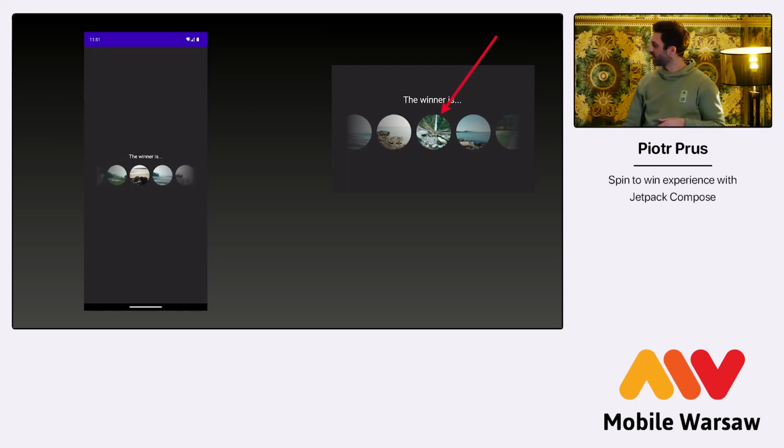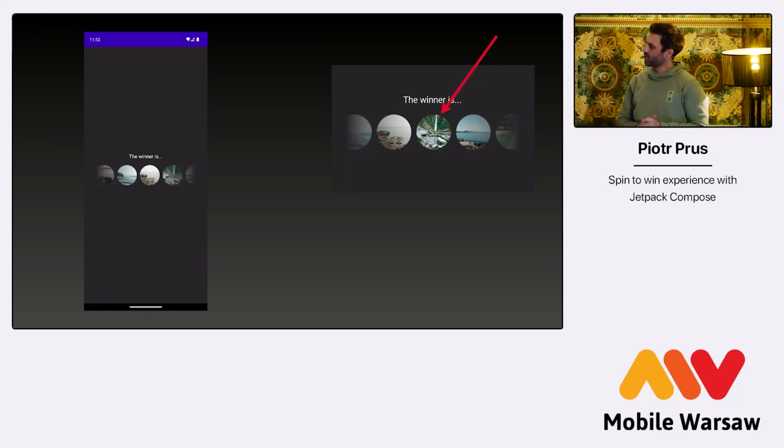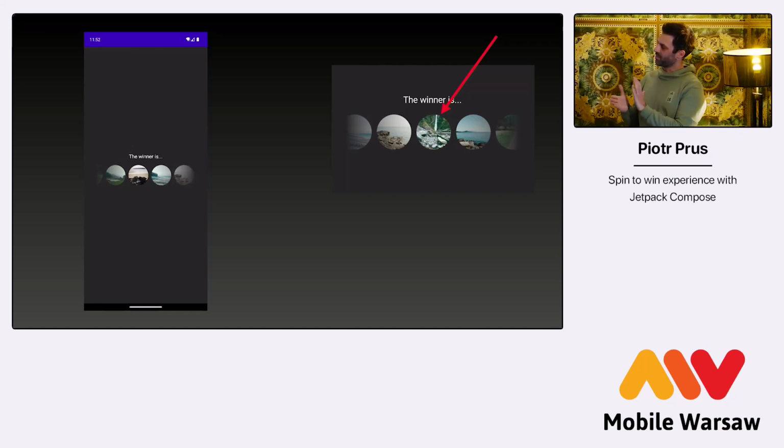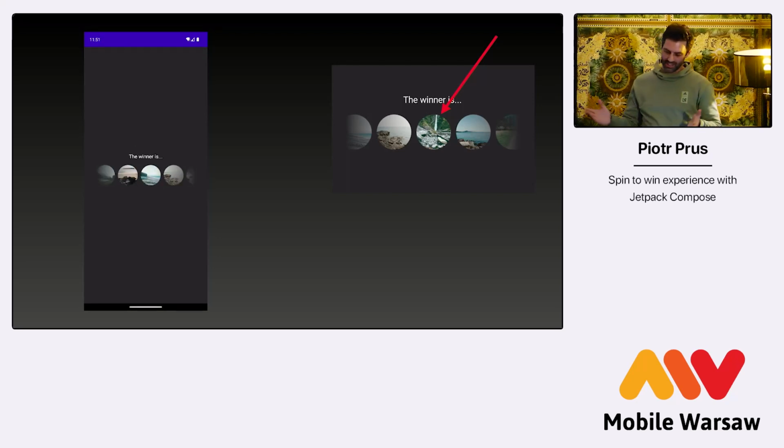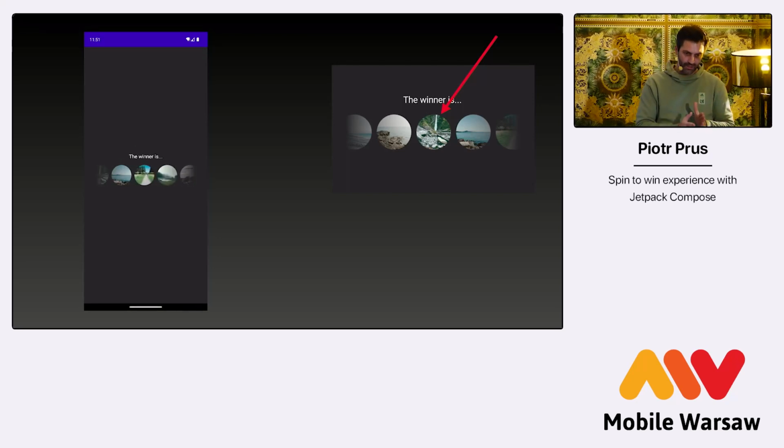So when the scroll stops and the winner reveals, what really happens is that the carousel is fading out, and the layout that is underneath is fading in, and that's why we are calculating it to the last pixel to have it exactly in the center, to have this nice reveal at the end.